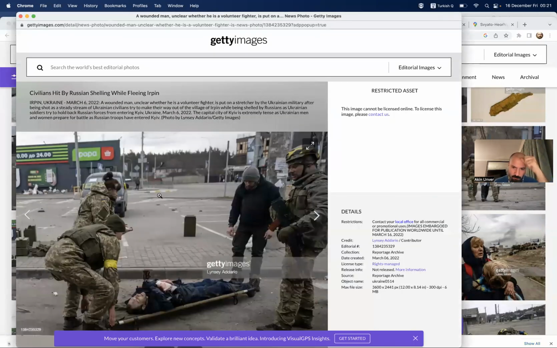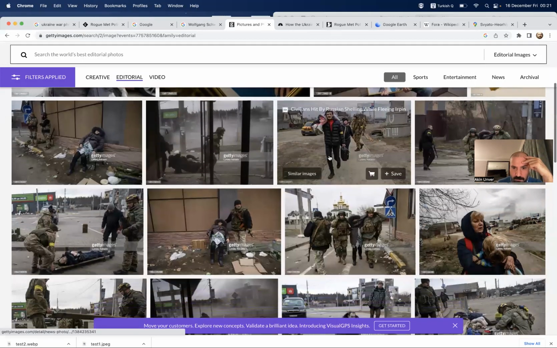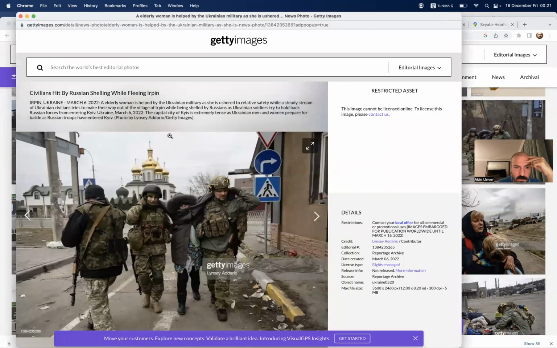Okay, so we now understand where this photo was taken. Civilians hit by Russian shelling while fleeing Irpin. A wounded man, Irpin, fora battle. Okay. Hey, remember this church? So yes, we have a match.